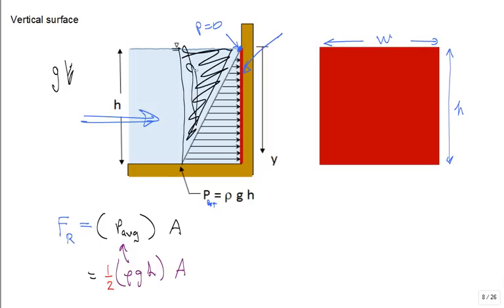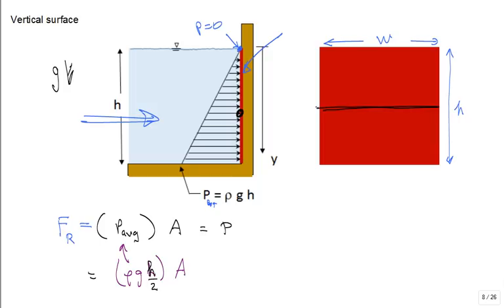That makes sense? So one way to look at this is to put that half under this h. And this average pressure can be interpreted as the pressure in the middle, where this distance is h over 2.